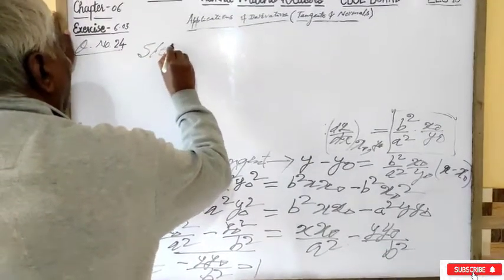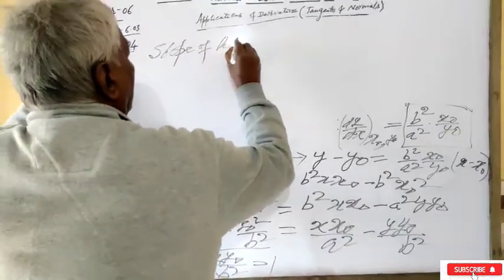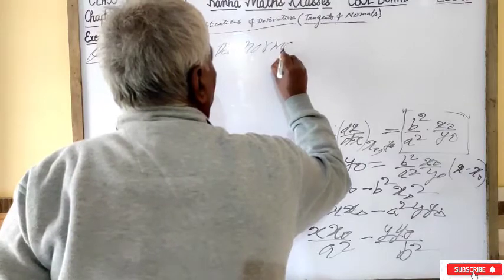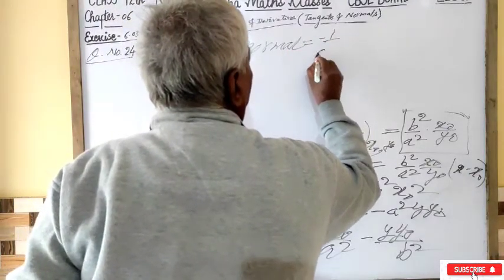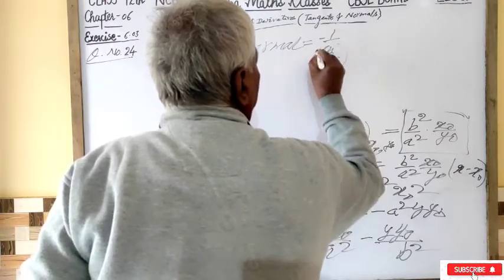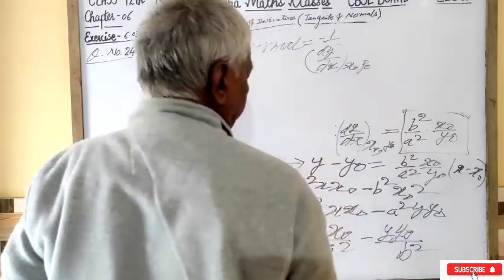the slope of the normal is equal to minus 1 upon dy by dx at x0, y0.